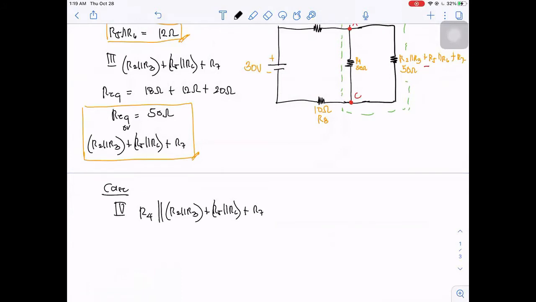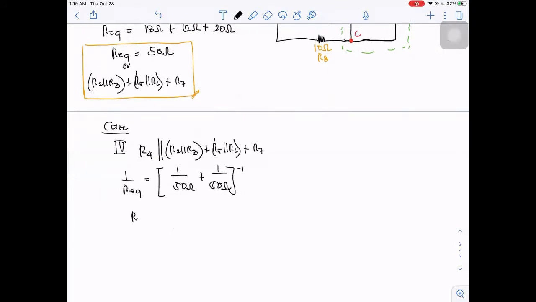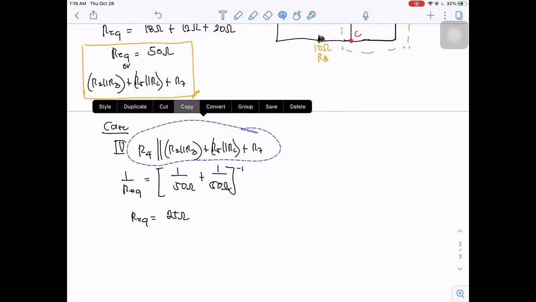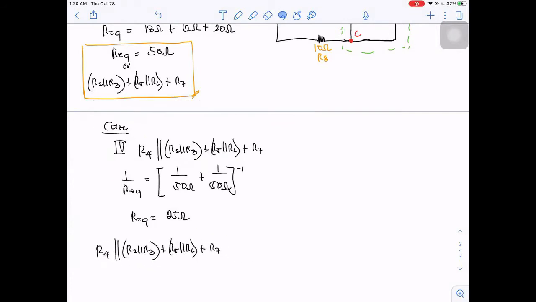We have 1 over the equivalent resistance equal to 1 over 50 ohms plus 1 over 50 ohms, they have the same resistance, all to the negative 1. So this is equivalent to 25 ohms. So we already solved for case number 4.